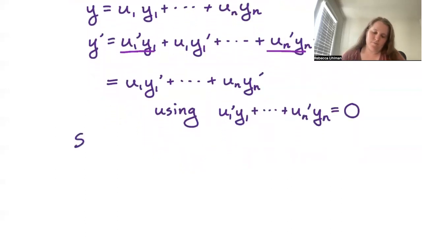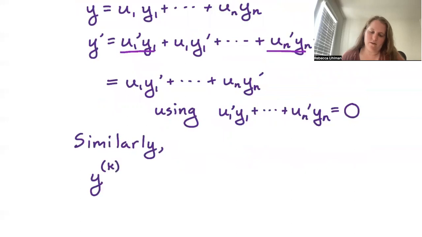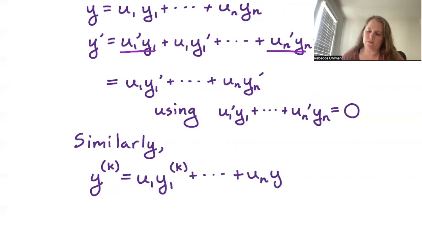Similarly, we wind up getting that the kth derivative of y is equal to u1 times y1 kth derivative plus all the way through un times the kth derivative of yn.